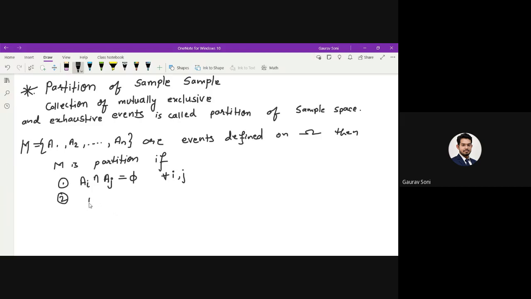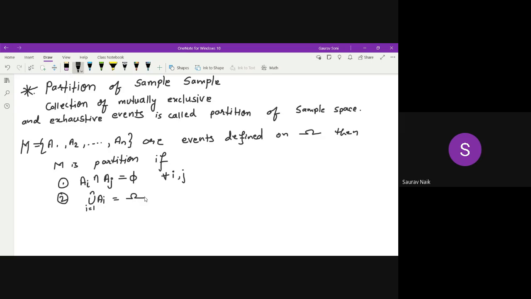The other condition: the union, with I running from 1 to n, becomes the complete set sigma.